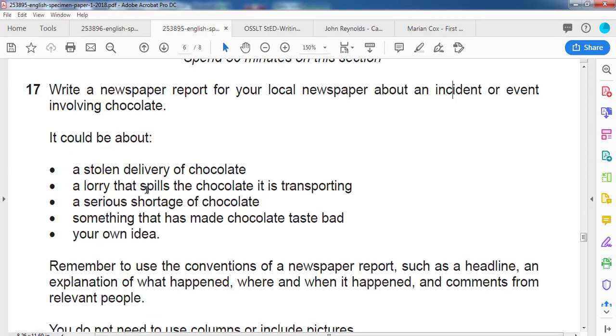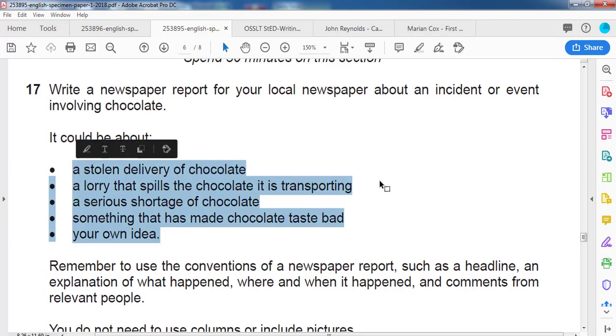It could be about a stolen delivery of chocolate, a lorry that spills the chocolate it is transporting, a serious shortage of chocolate, something that has made chocolate taste bad, or your own idea.